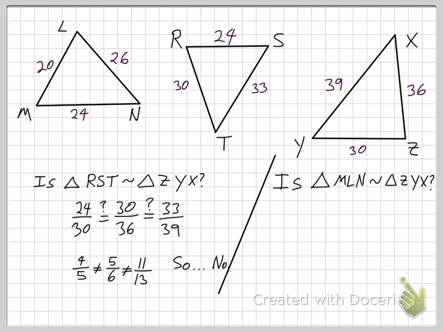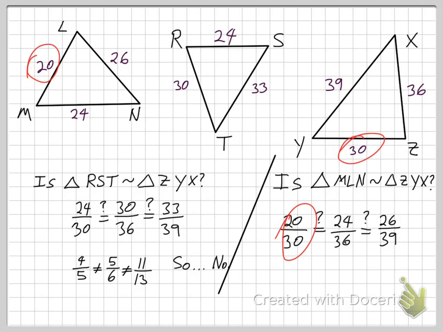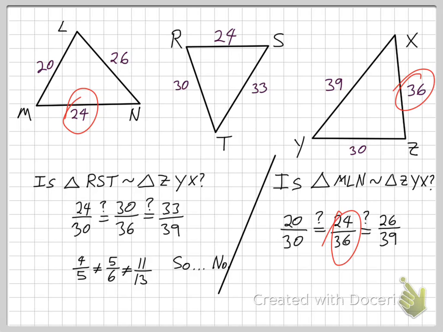Is triangle MLN similar to triangle ZYX? If they were similar, then their corresponding side lengths would be proportional. So I would have the short side length and this short side length, which would be that one, 30, and that's where you get the 20 over 30. And then the middle value would be 24, and this middle value is 36. That's where you get that from. And then the longest side is 26 over 39.